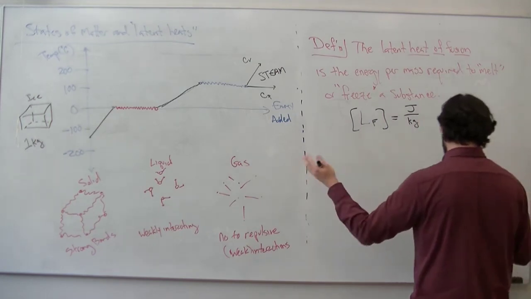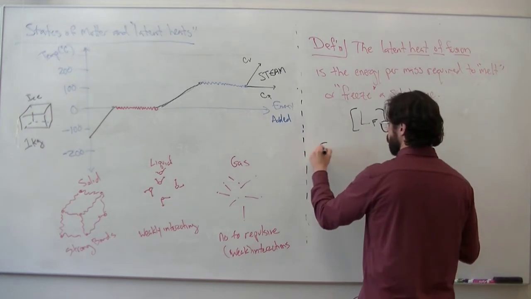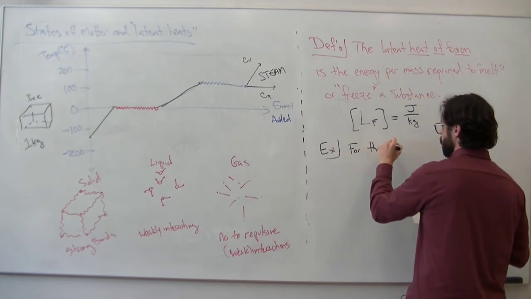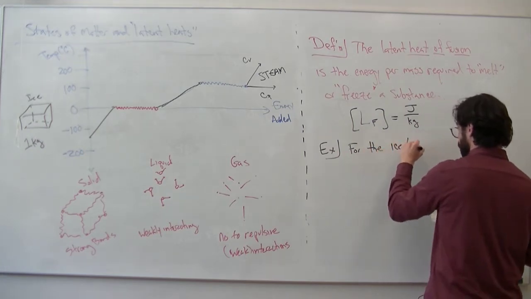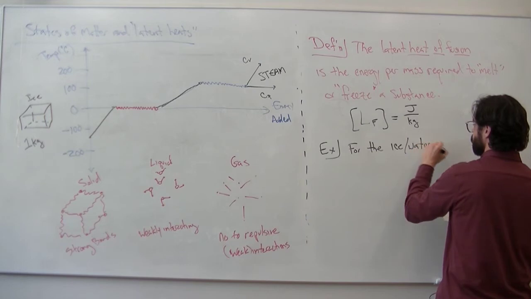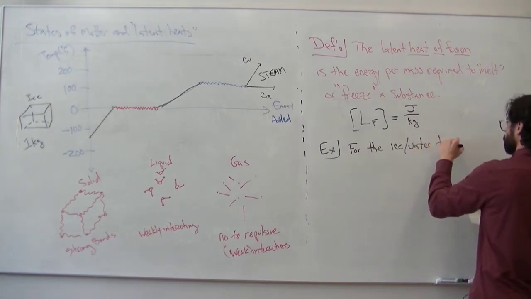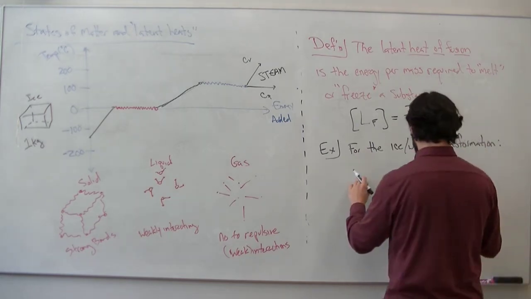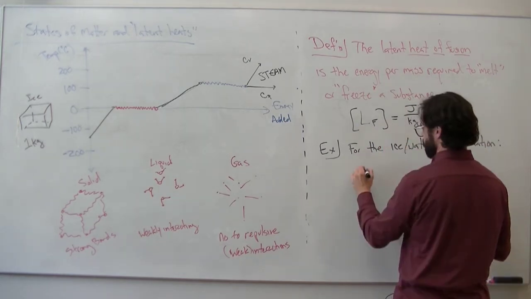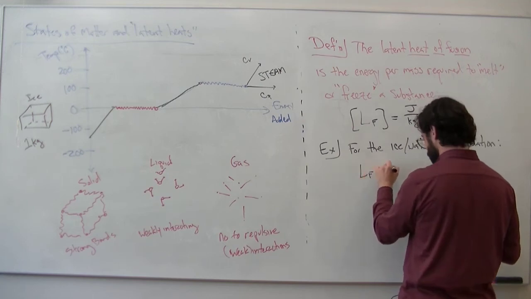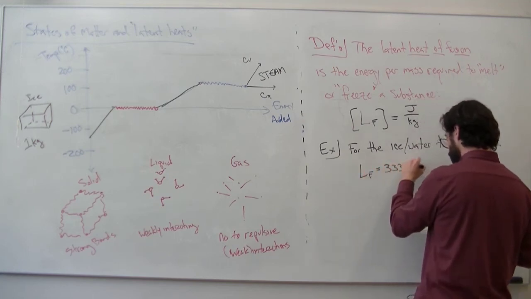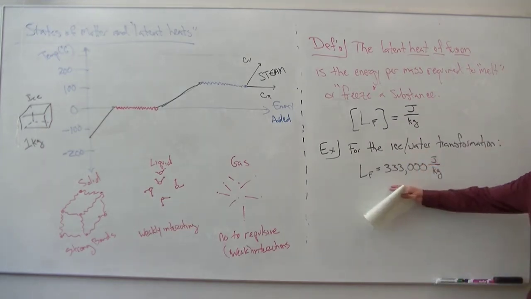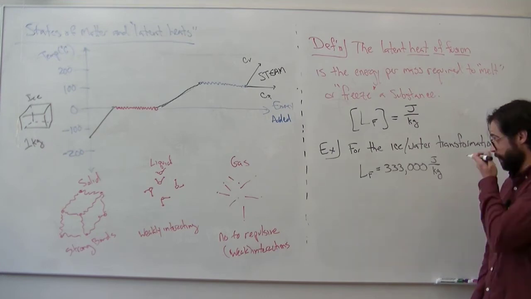If you had a kilogram of water, you would discover that the latent heat of fusion for water, specifically for the ice water transformation, and you'll see why we don't really use SI units for this, it takes an astonishing amount of joules per kilogram to melt ice.